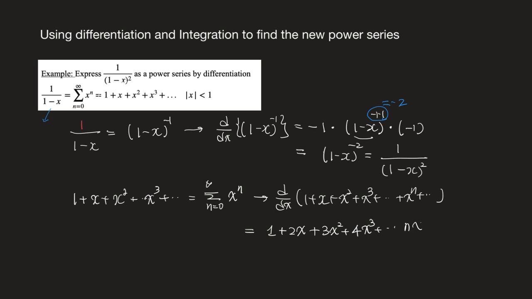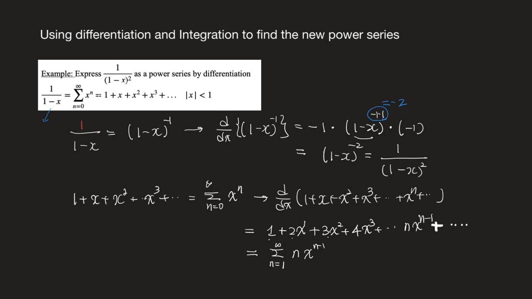The general term is n x^(n minus 1). Now we want to write this in summation notation. The terms are 1, 2, 3, 4, 5, so n starts at 1 and goes to infinity, and the power is 1, 2, 3, n minus 1.